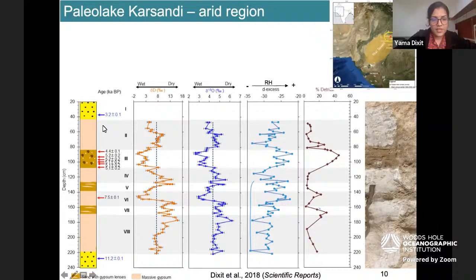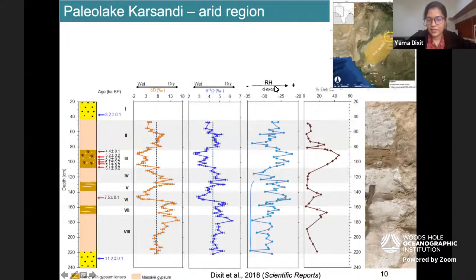So what I did was I sampled gypsum every 2 centimeters, extracted the hydration water, and measured oxygen isotopes in the oxygen, as well as the hydrogen isotopes in the gypsum. What you see here in orange are hydrogen isotopes, or delta D, and in blue we have oxygen isotopes.